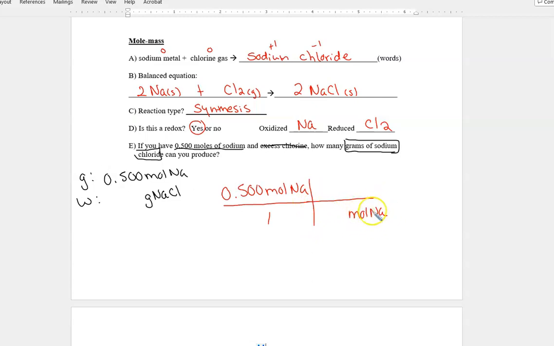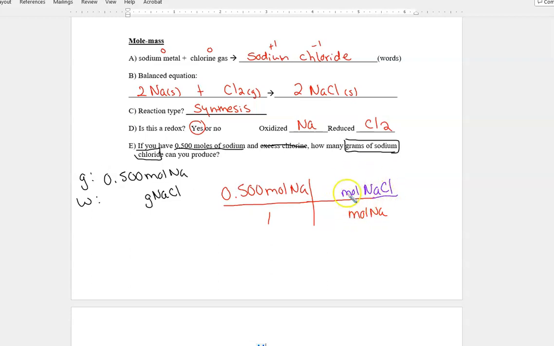The minute moles of sodium is in this bottom right corner, you can switch the label to NaCl, but you may not switch it to grams, because the moles of sodium doesn't equal the grams of sodium chloride. The only way to switch the labeling, and I'm stressing the different colors here, is with what's called the mole-mole ratio.